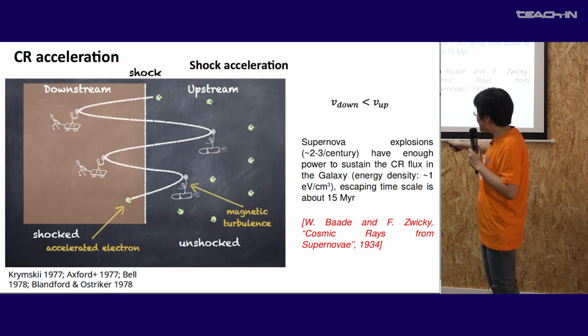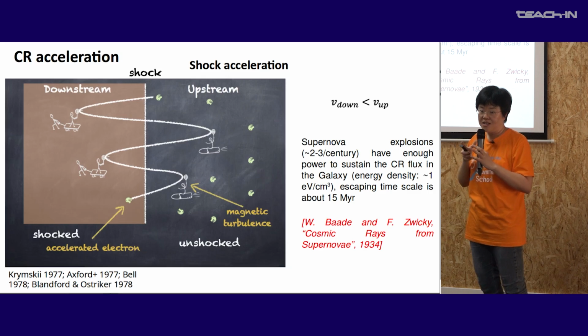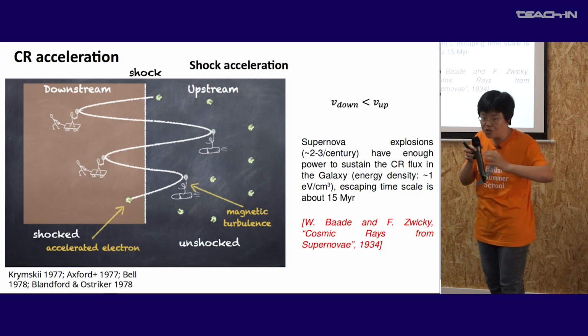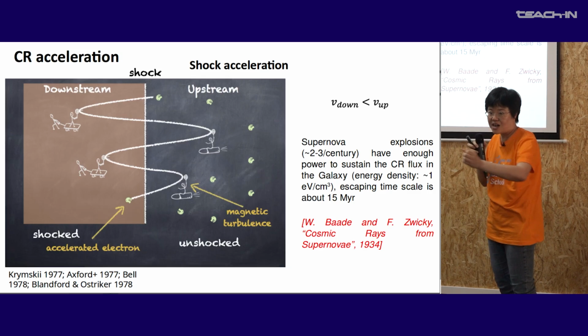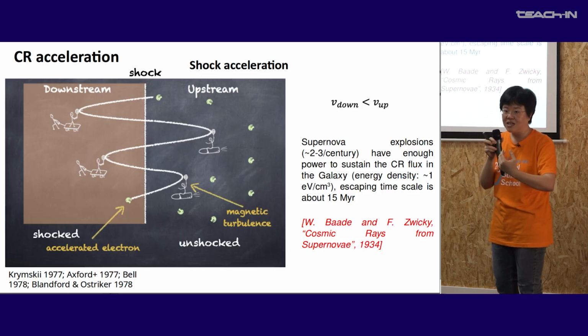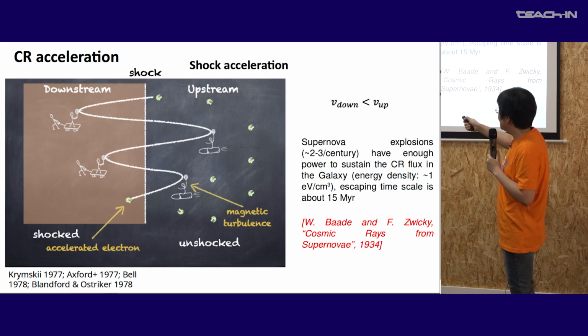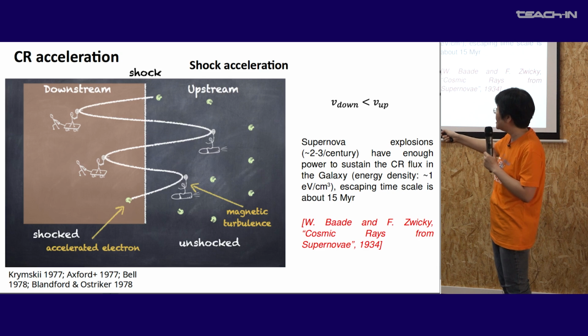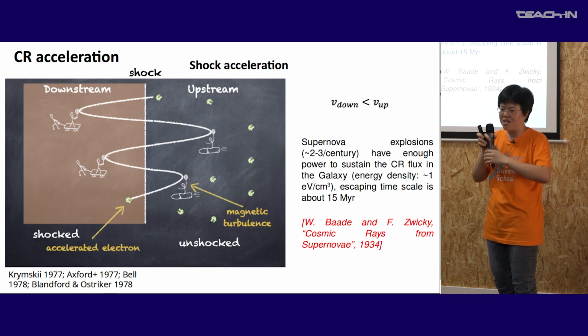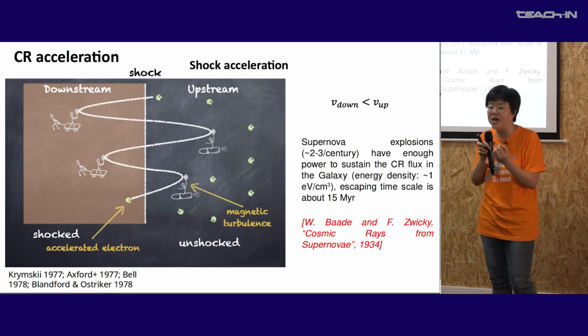So on this side, the particles are not disturbed. And on this side, because the shock is moving this way, they are kind of compressed with a lower speed. And here, if you have a particle, they move around here because of the magnetic turbulence, like the magnetic field is quite irregular.